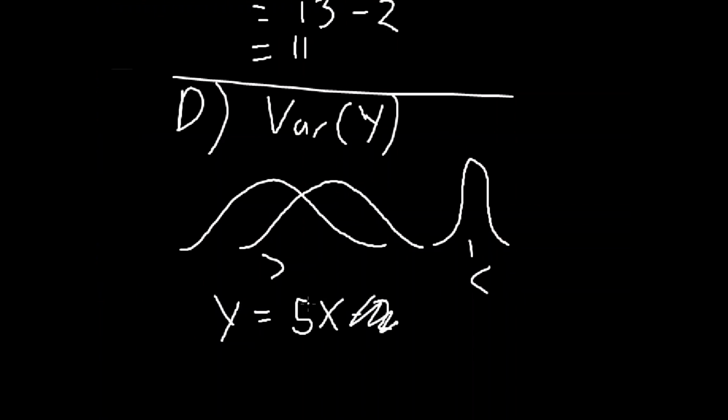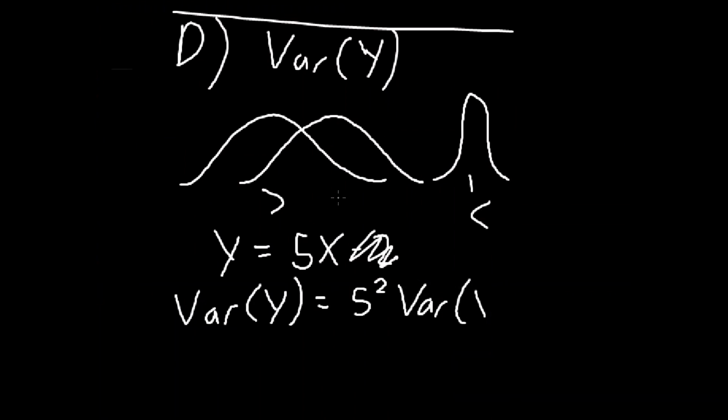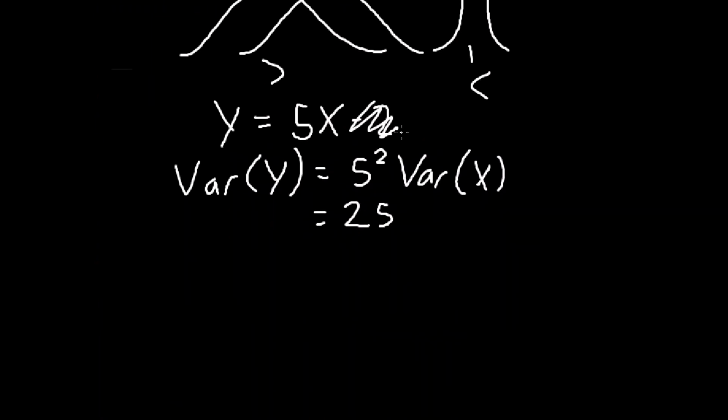And then the trick is to say, what's the 5 doing? Well, it's timesing the x there. And so we can say that the variance of y is equal to 5 squared times the variance of x. So that's 25.